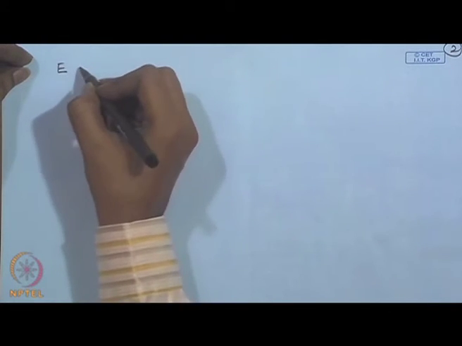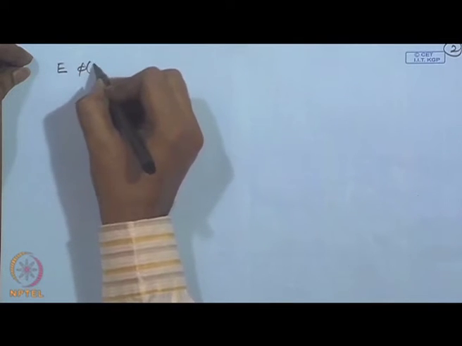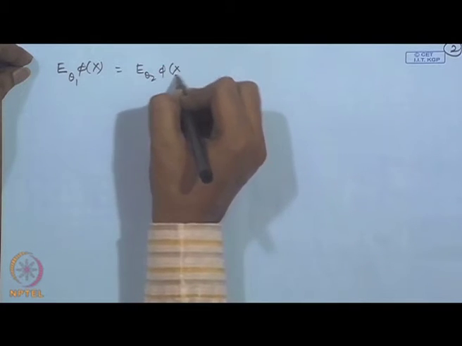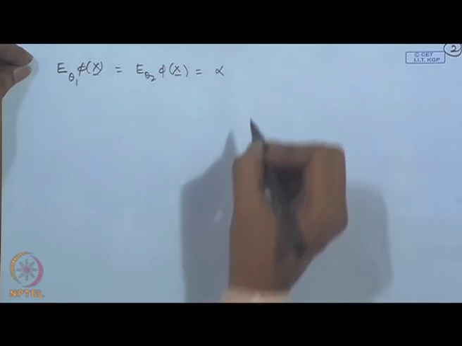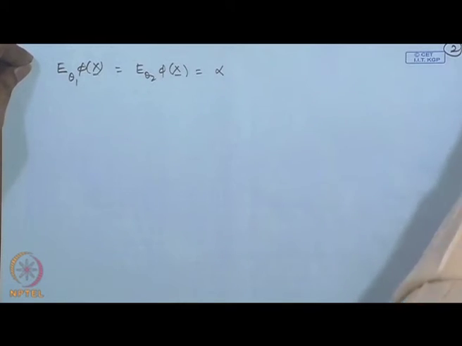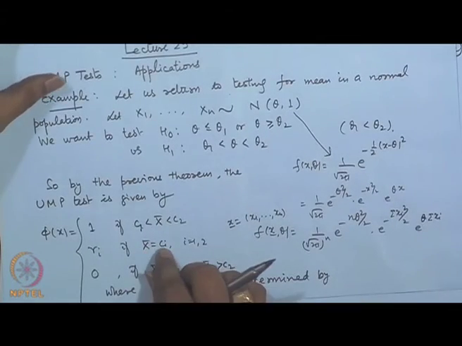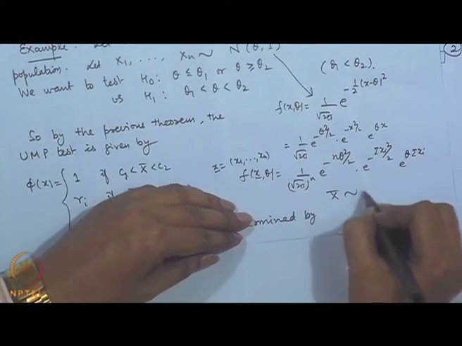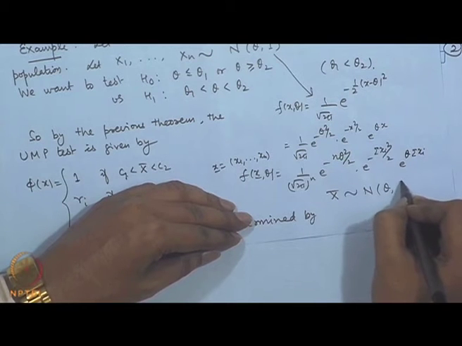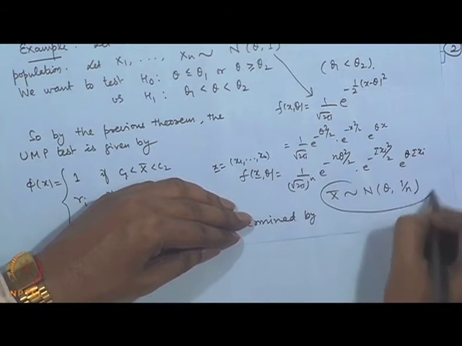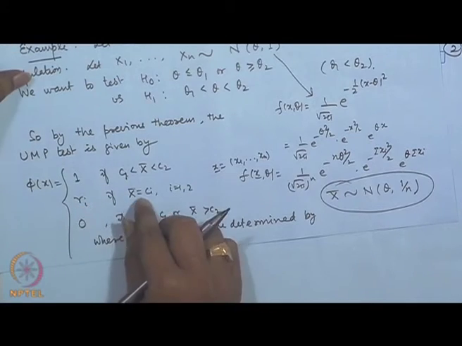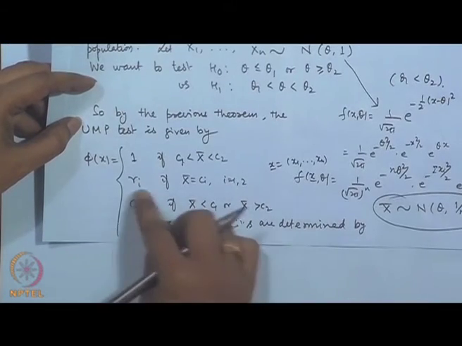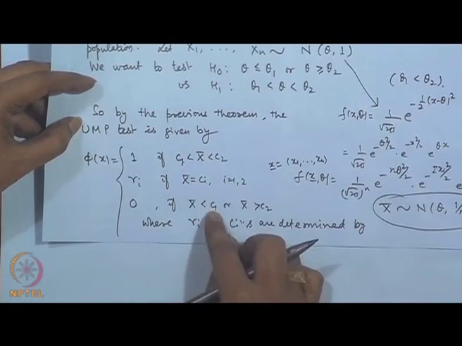Expectation of phi(x) under theta 1 and under theta 2 to be equal to alpha. Now, note here I am considering x bar equal to C i. The distribution of x bar is normal theta, 1 by n. This is a continuous distribution. Therefore, without loss of generality we can take the gamma i's to be 0. If I take this to be 0, then this point is included here.